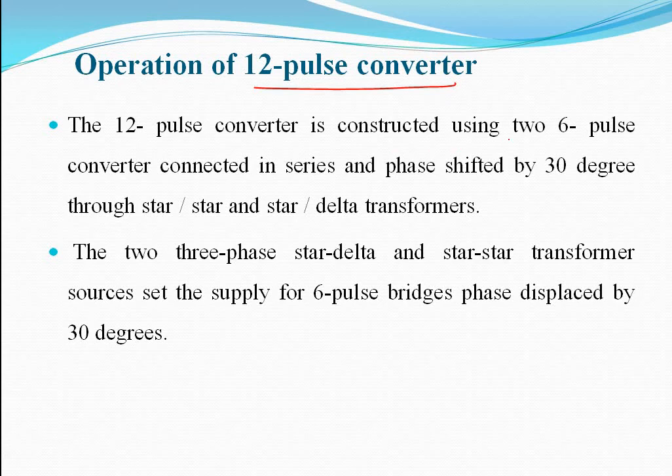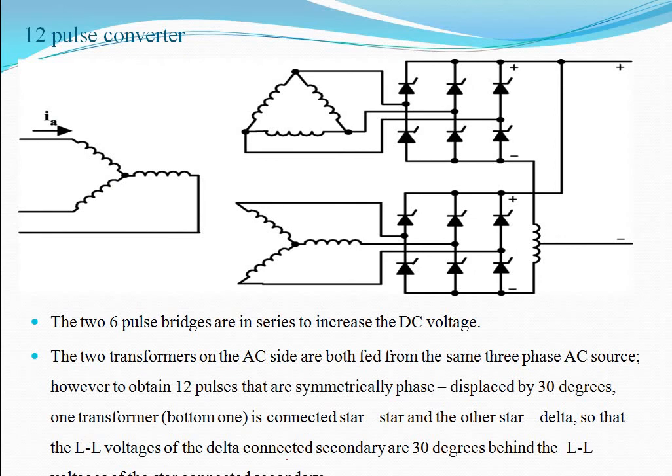And the 12 pulse converter is constructed using two 6 pulse converters connected in series and phase shifted by 30 degrees through star-star and star-delta transformers. The two 3-phase star-delta and star-star transformer sources supply the 6 pulse bridges phase displaced by 30 degrees.